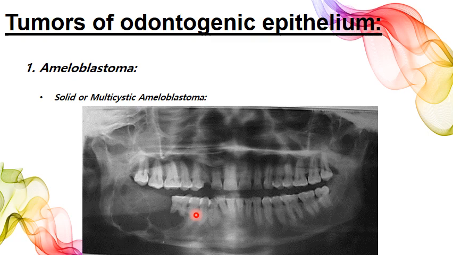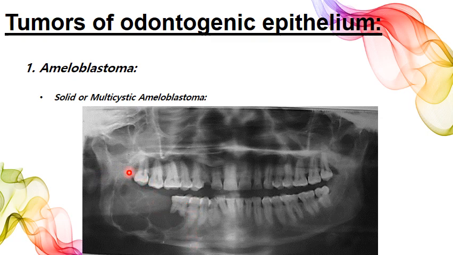So, in these cases, due to the highly infiltrative and aggressive nature of the multicystic ameloblastoma, the treatment should be resection of the tumor with 1 centimeter linear bony margin, which means I don't take only the lesion, I take 1 centimeter, not 1 millimeter, of intact bone. So in this case, we will do a partial resection. I will resect the bone here and here.